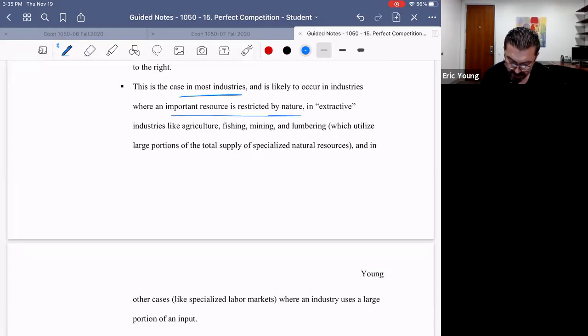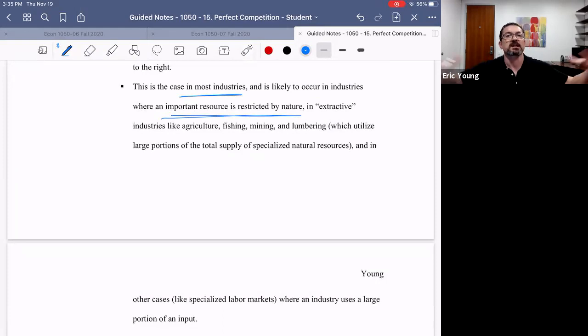the important resources are constrained by nature. You know, any industry, construction, for example, where you need wood and iron and steel and cement. Construction is very heavily dependent on natural resources, and those resources are constrained.